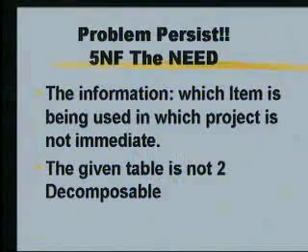If we can break this relation into three tables by representing the third piece of information, that is, which item is used in which project, in another table, probably we are doing proper justice to this table.